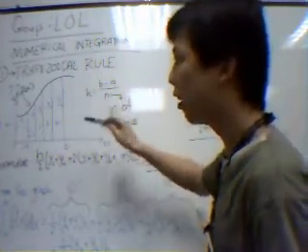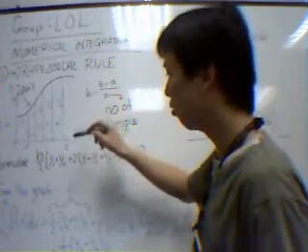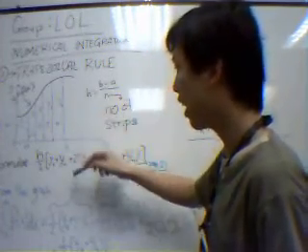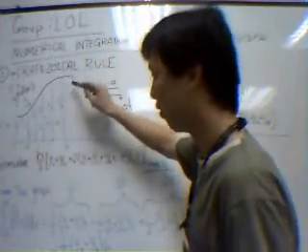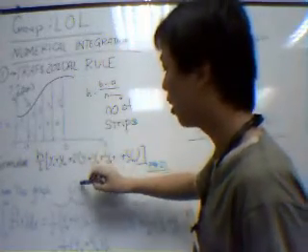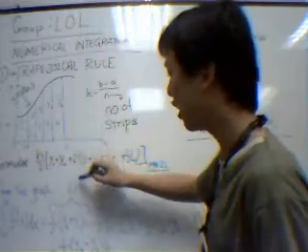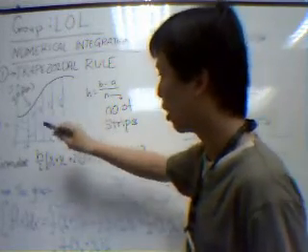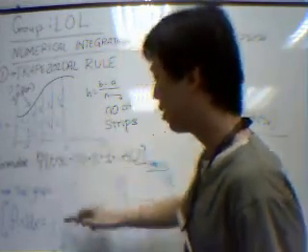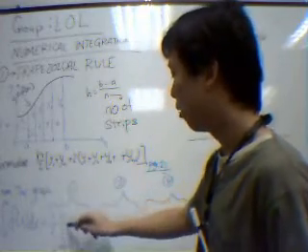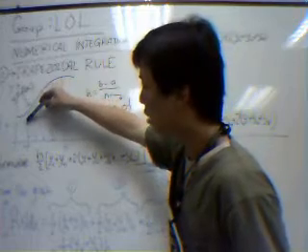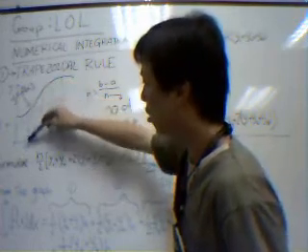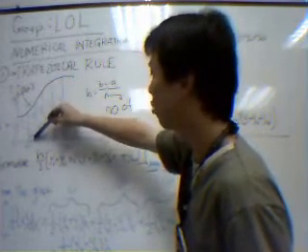So we apply the formula for the area of a trapezium to find the total area under the curve. We apply the formula to find the area of trapezium 1, which is half times (y0 plus y1) times h, which is the width of the strips.